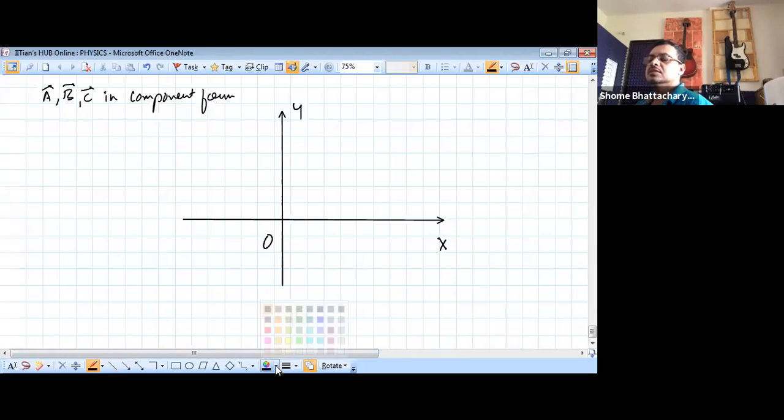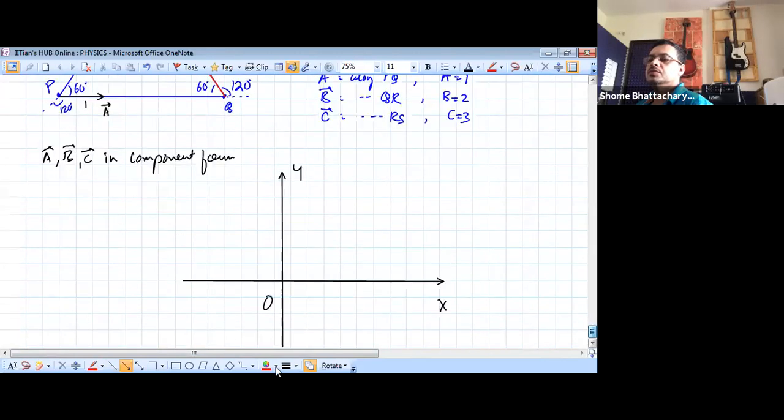So if we take the system like this, then our vector A would have become like this. It's a vector of magnitude 1 along the x-axis. Yeah, so A is just i cap. So the vector A in component form we just write as i cap.